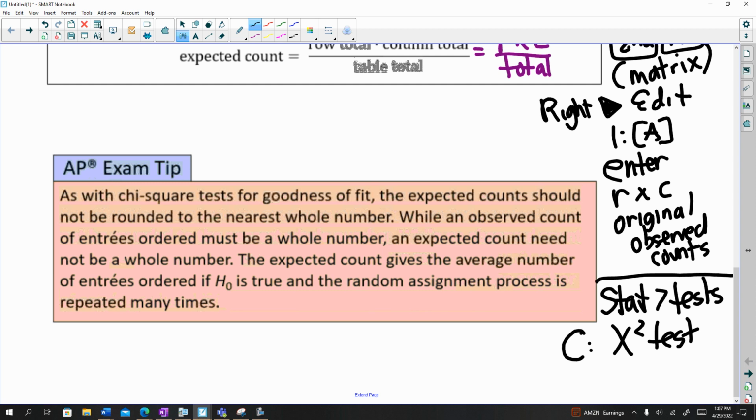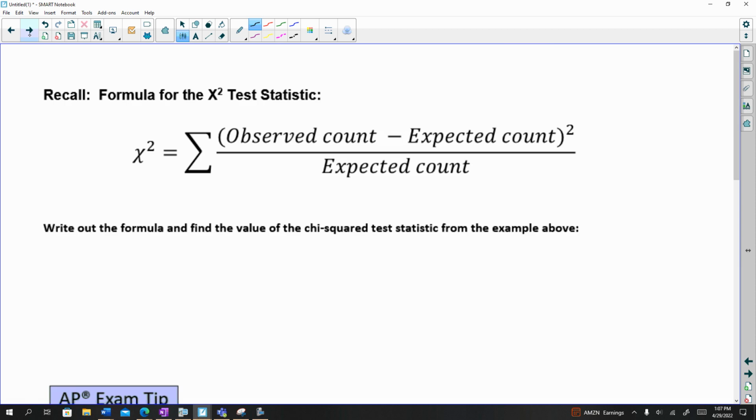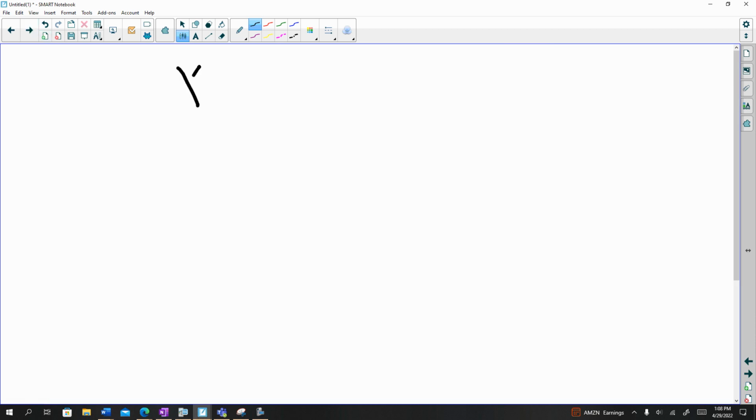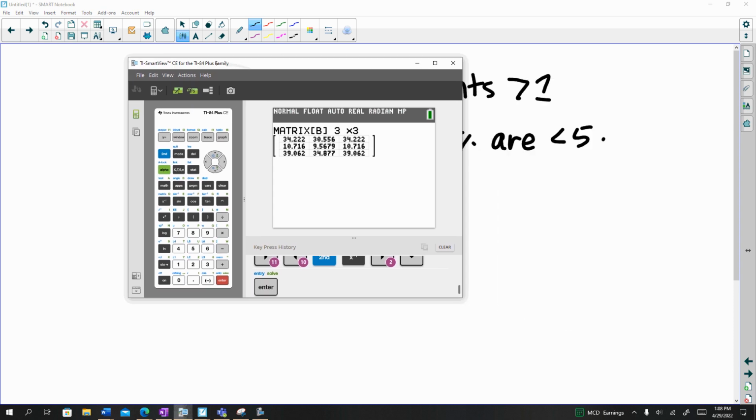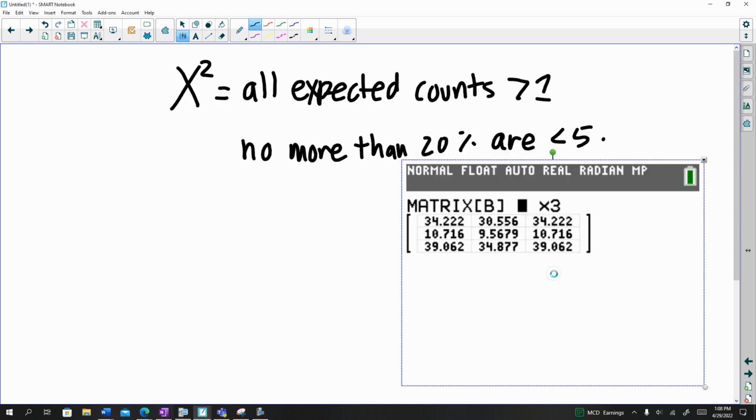So for the assumptions, one of the assumptions that we have to check for the chi-squared, really one of the only ones, is that all the expected counts are greater than 1 and no more than 20% are less than 5. Well, if you look at all my expected counts, which I'll pull up right here again, all of them are greater than 1 and greater than 5.